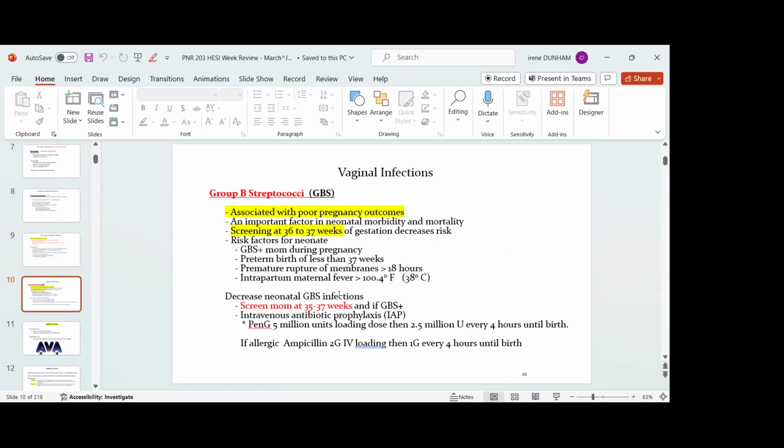So the reason why we want to do this is to decrease the neonatal group beta strep infection. And so, like I said, we screen, we give antibiotics during labor, and it really helps. Okay. So again, it's very, very important.